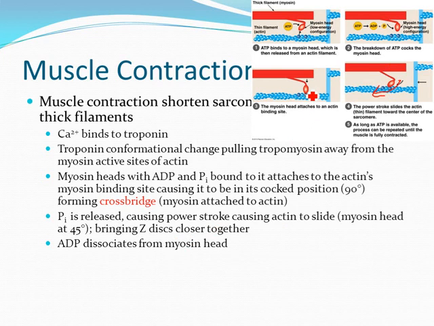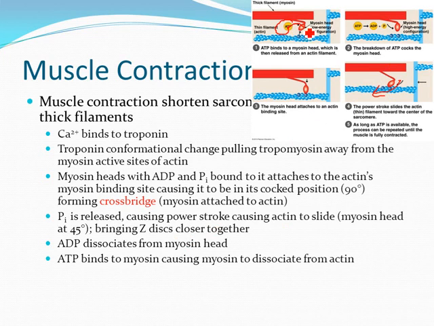The ADP dissociates from the myosin head, and then ATP will now bind to the myosin head. The myosin head has an ATPase, an enzyme that breaks down ATP into ADP and inorganic phosphate.